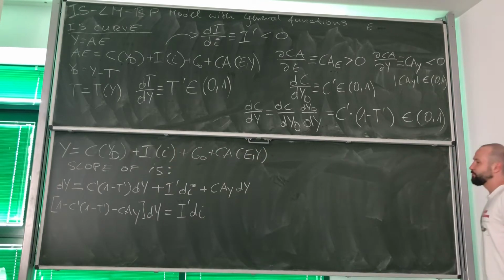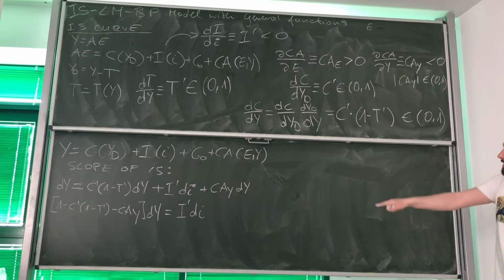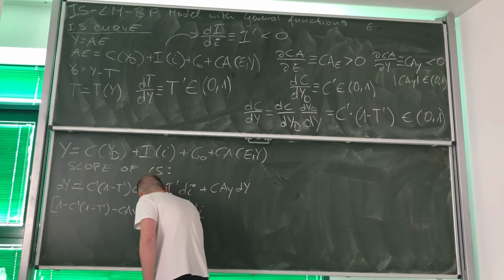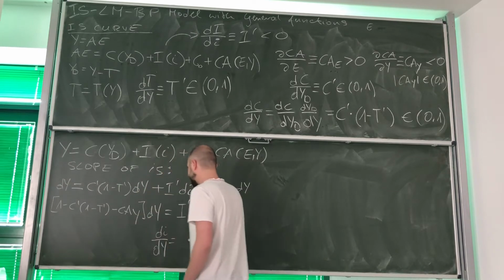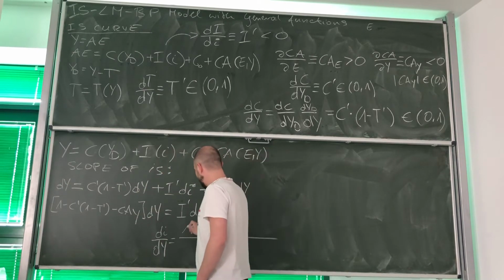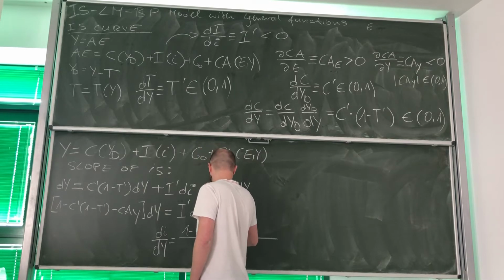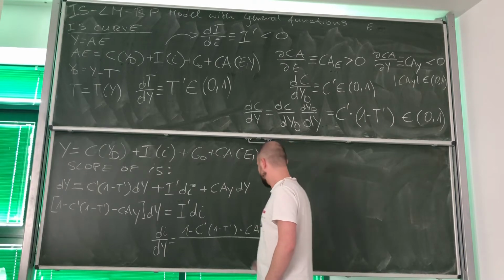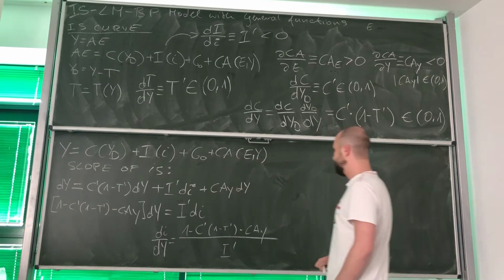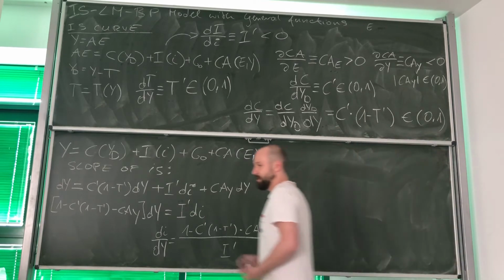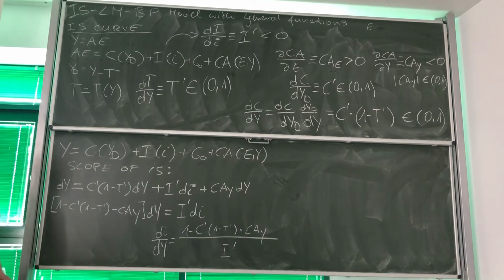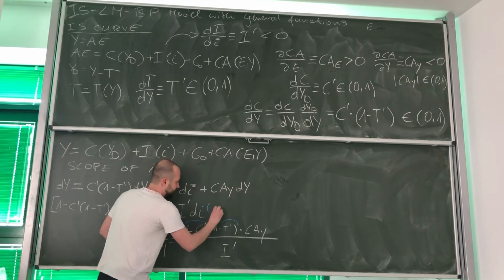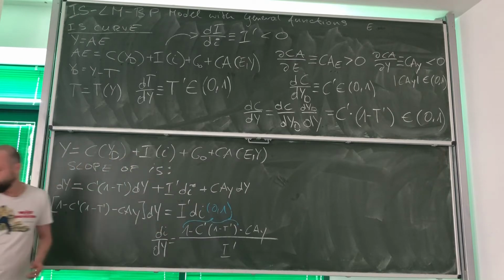Now, dividing both sides by dy and I prime, we get that di over dy is equal to 1 minus C prime times 1 minus T prime minus CAY, over I prime. Now, what do we know about it? We know that this part is somewhere between 0 and 1.